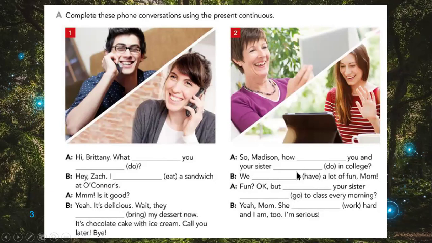But in the second conversation, we are having fun. It doesn't mean that at that moment they were having fun, in the party, but rather we are having a lot of fun, not at the instant that she talks with her mom. Different from the first conversation, where the action was happening at the moment that they were talking. Correct?